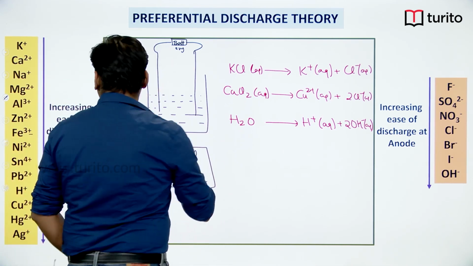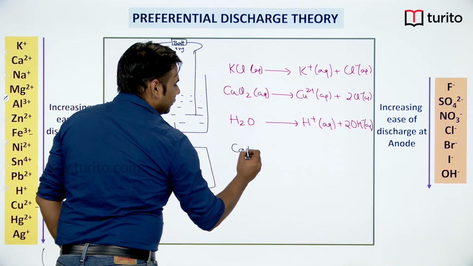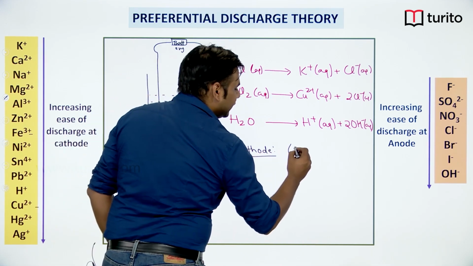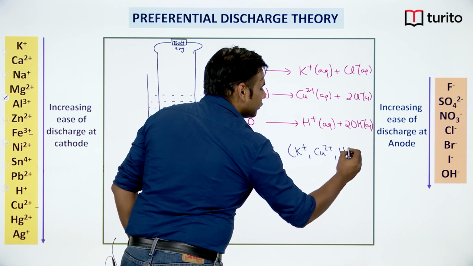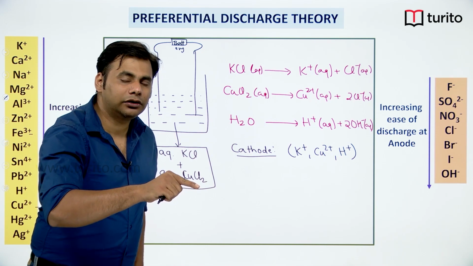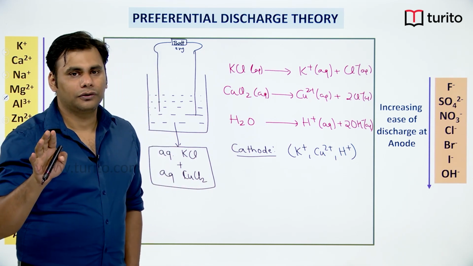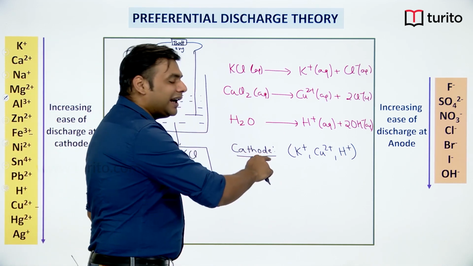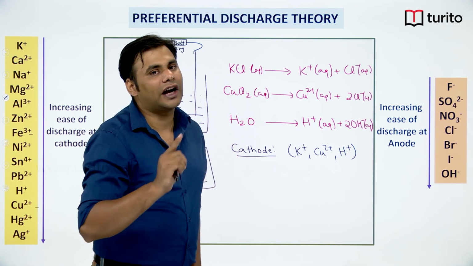We know that at the cathode a reduction happens. So there are three ions that are competing with each other to get reduced. Out of these three cations, that cation would be reduced first which has more positive reduction potential, because that reaction would be more spontaneous, or that cation would discharge first which has less discharge potential.